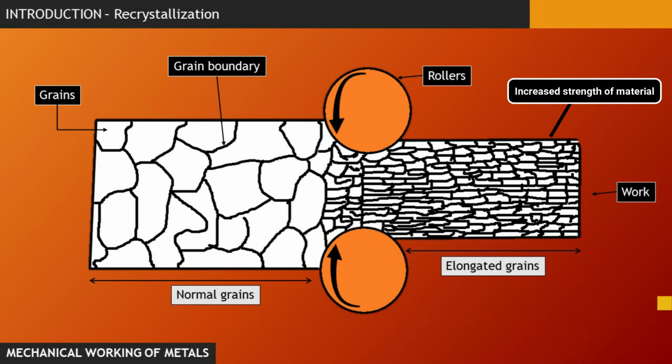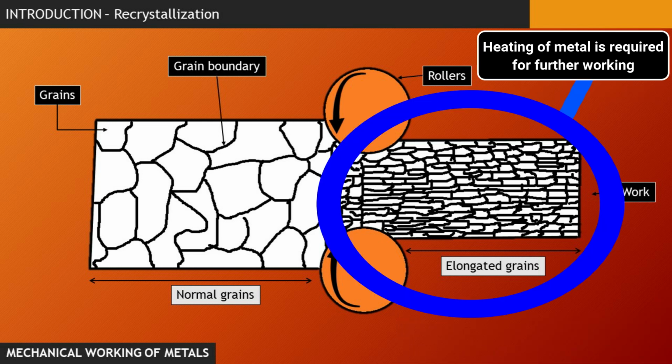And hence, for further working, we need to heat the metal to recrystallize and reorganize its crystal structure in order to facilitate further mechanical working.